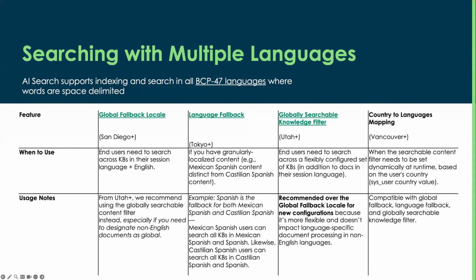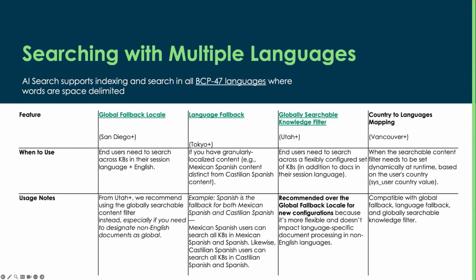When you enable this global fallback option, AI search matches records in the language from the Now platform instance locale, as well as matching records in the user's session language. So as an example, if you set English as your global fallback, users searching in a Japanese session can see knowledge article results in both obviously Japanese as well as English, with that being their fallback.